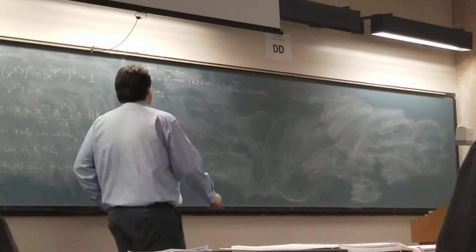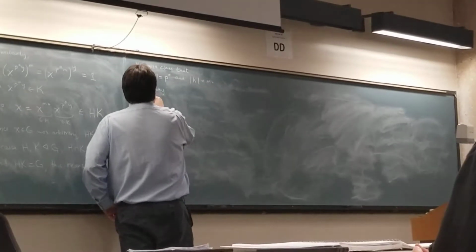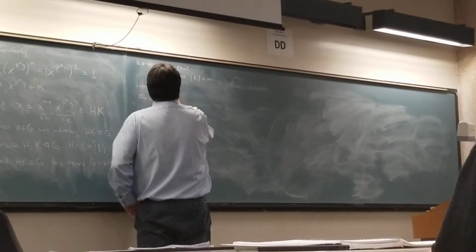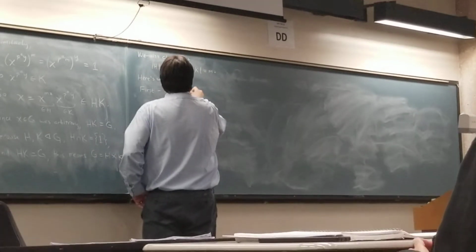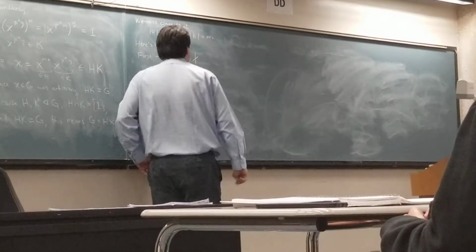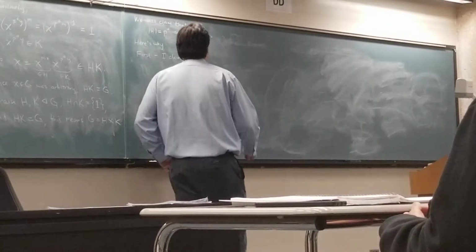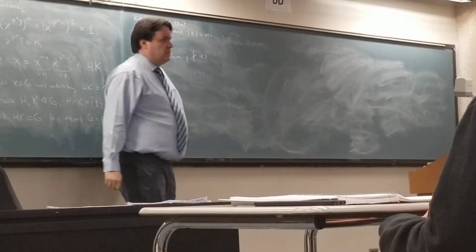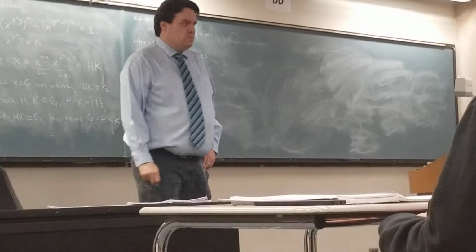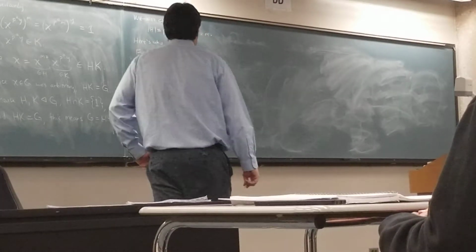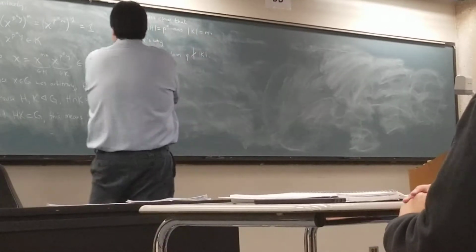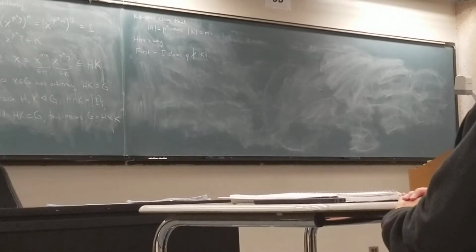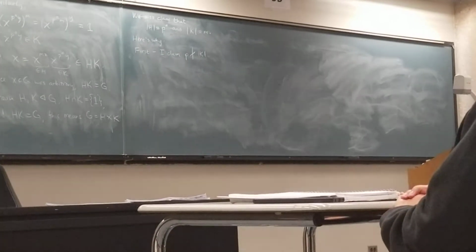Okay, first of all, first I claim that P doesn't divide the order of K. All right, and the reason for that, now I'm partly stalling here because I'm trying to remember what the exact reason was.